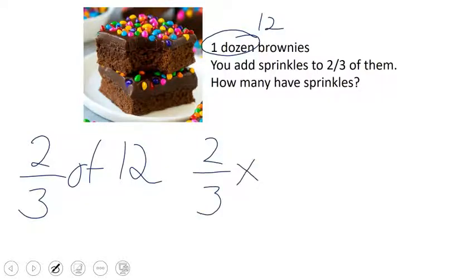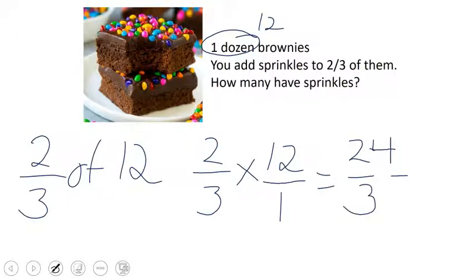I can multiply my fraction and my whole number. 2/3 times 12. Now, we learned in our last video that we can set that 12 as 12 over 1 and multiply straight across. 2 times 12 is 24. And there we go. 3 times 1 is 3. So we could say, well, 24/3 of our brownies have sprinkles, but we know that when we get these improper fractions, it's best to just rewrite them as a mixed number.